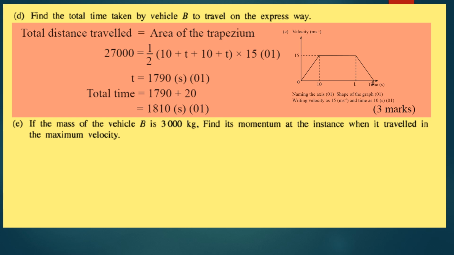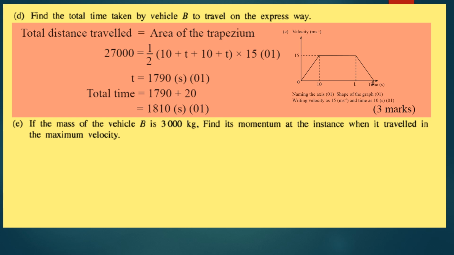So you can write 27,000 equals half into (10 + t + 10 + t) into 15. Then t equals 1790. Then total time is 1790 plus 20, it is 1810. You can earn 3 marks for your answer.